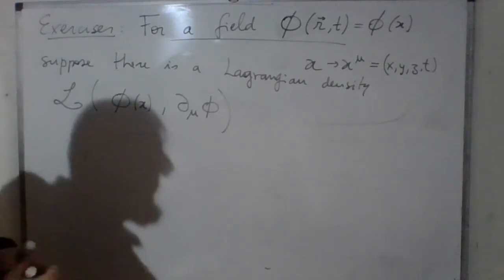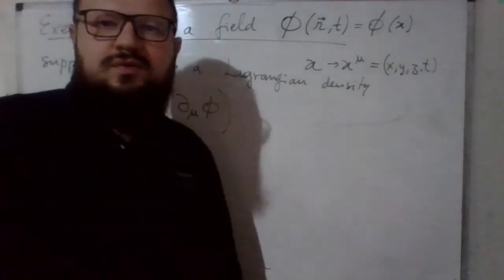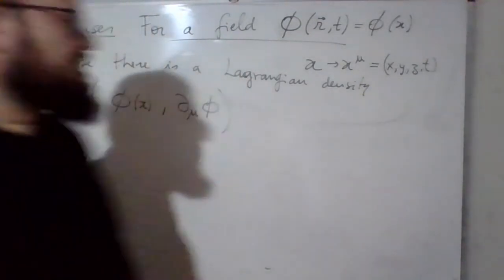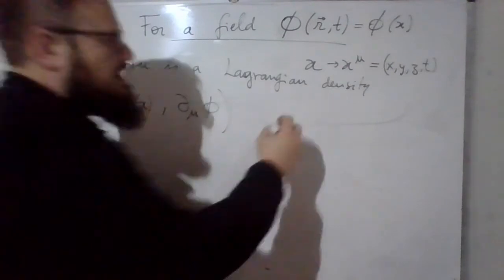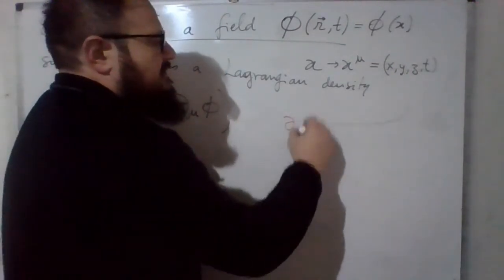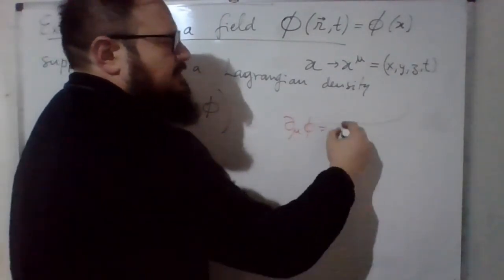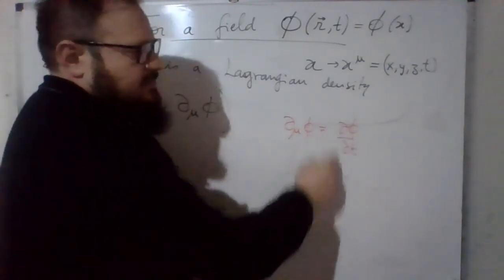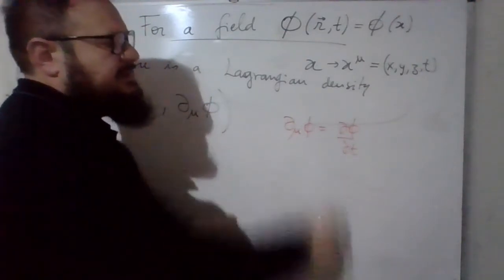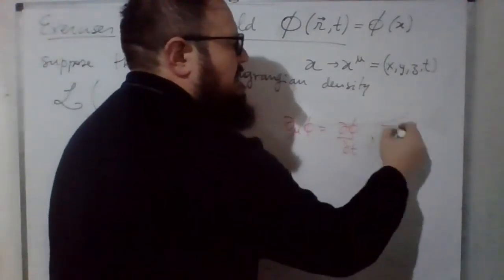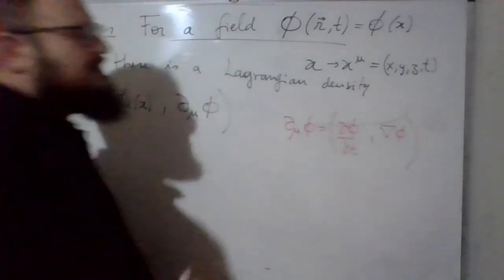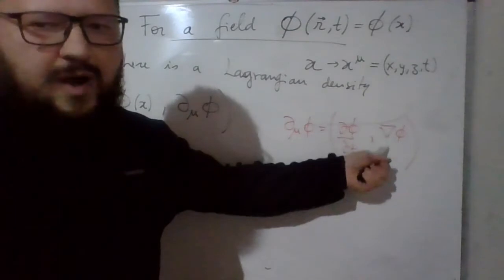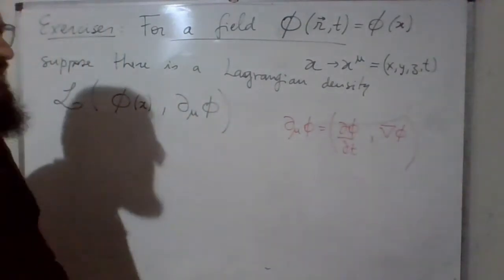This notation should be clear for those who had a first touch with special relativity, but this means the d mu of the field phi, it corresponds to the time derivative, the zero component, and the gradient of the field. It depends this way on time derivatives and partial derivatives, x, y, and z derivatives.